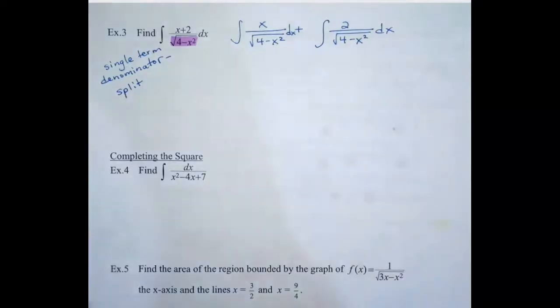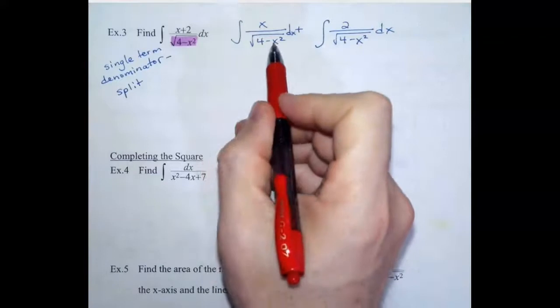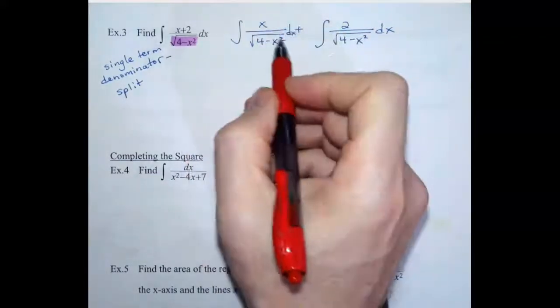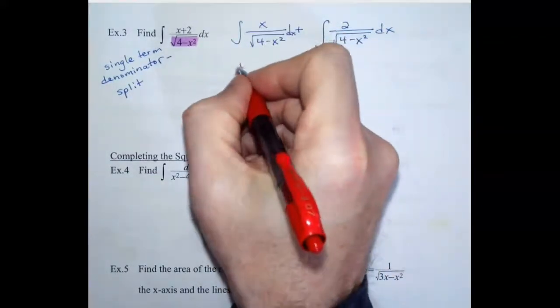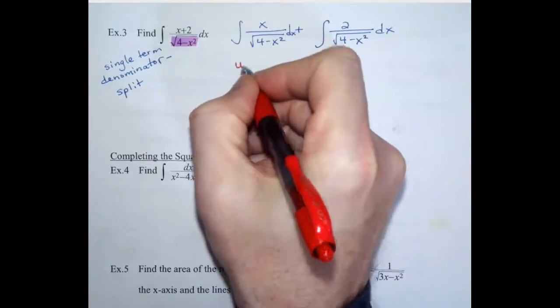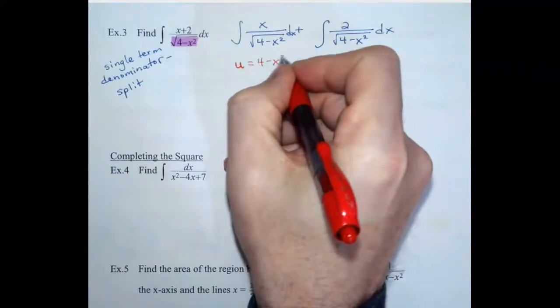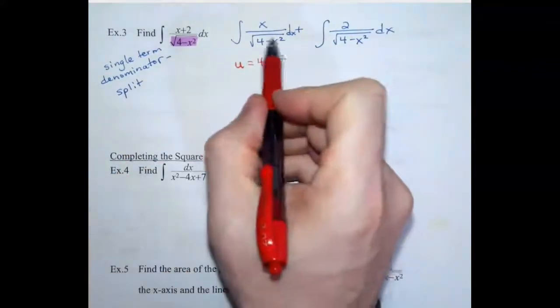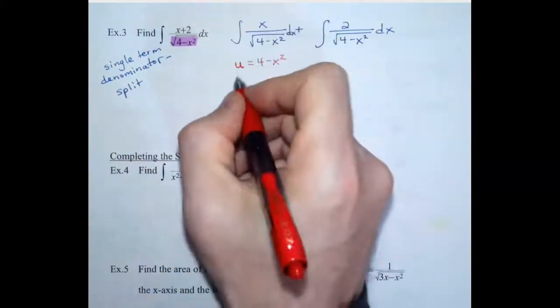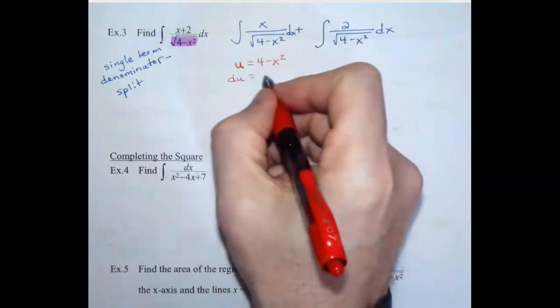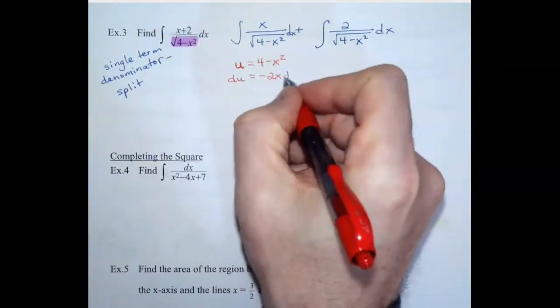Let's think about this for a second. Here, I can just use normal u substitution, because if I let u be 4 minus x squared, because that's inside there, then du would be negative 2x dx.